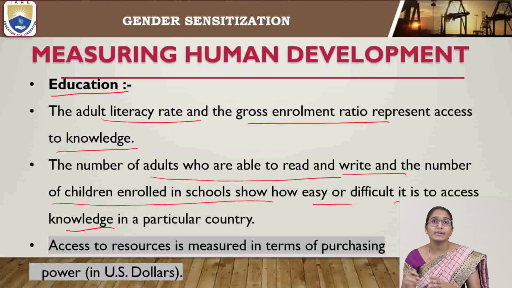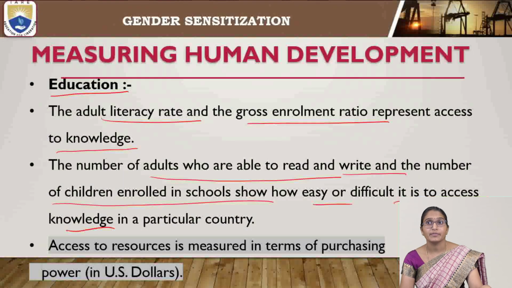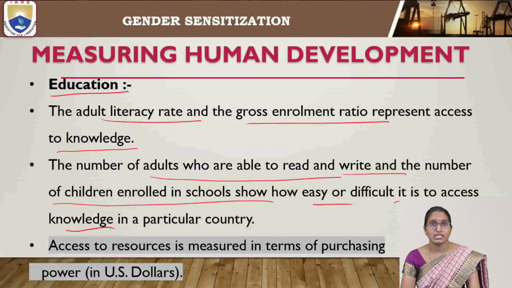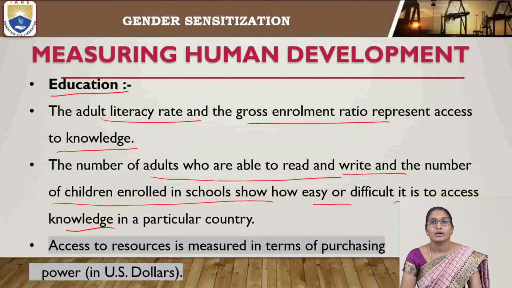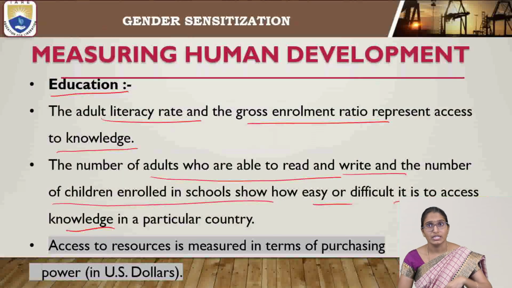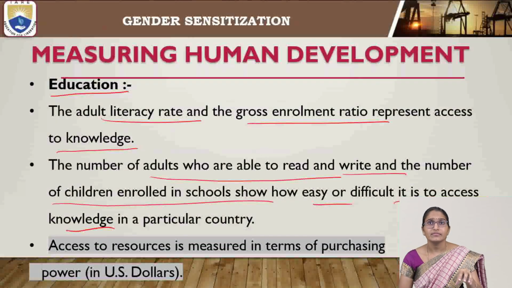For example, 100 people are there, out of which 80 members can read and write, adults. And the same way, 50 children are there. Of those children, almost 40 are going to the schools. So we take the count of the number of children who enroll in the schools as well as the number of people who are able to write and read. So that gives the education index of that particular community.